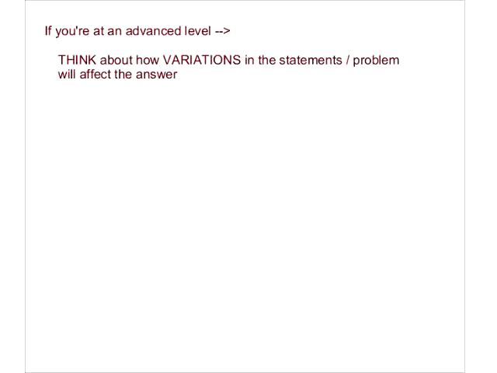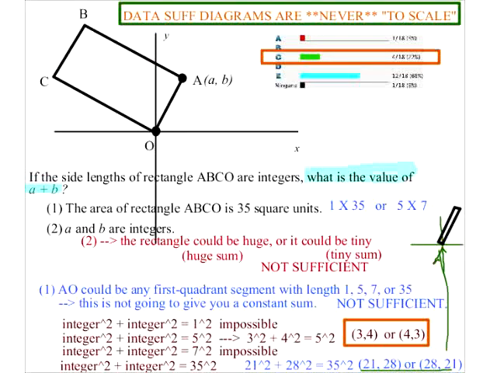For instance, in this last problem, this Pythagorean triple worked out in two ways, but with quadrants and stuff, you could tweak these statements so that instead of 35, it could be 36. Then you'd have all kinds of possibilities. You have 1 by 36, 2 by 18, 3 by 12, 4 by 9, 6 by 6. So you have lots of things that can happen with different Pythagorean triples.